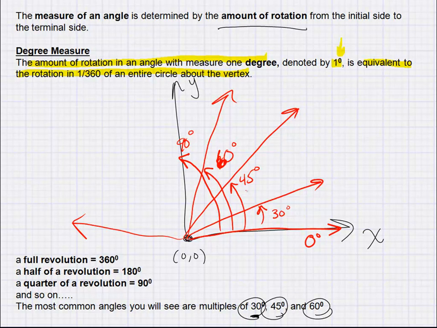So multiples of 30 or 60, we could have, say, 120. 120 degrees would be here. Another multiple would be 45 degrees times 2 is 90, times 3 puts me right here at 135 degrees.